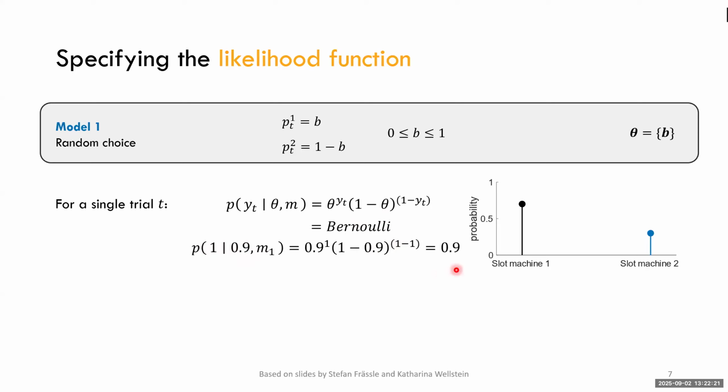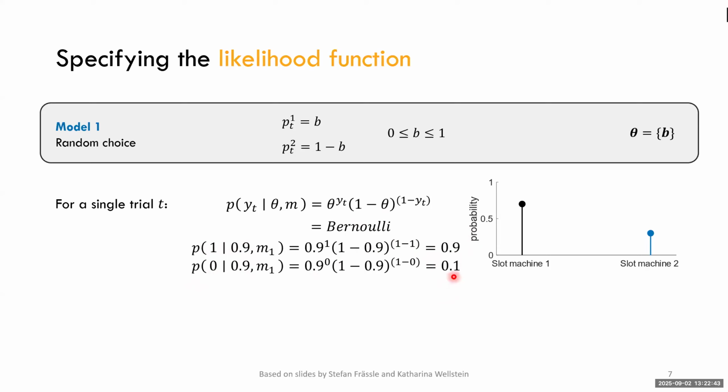What you would get is 0.9 coming out of this. This is very trivial: the probability that I would choose the black slot machine, if my model parameter is 0.9, is 0.9. Conversely, choosing the other slot machine is going to give us 0.1, which makes sense.